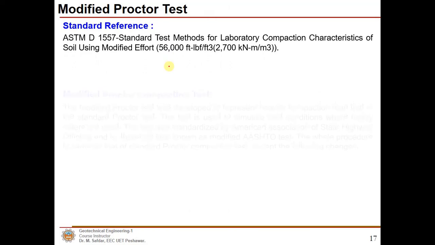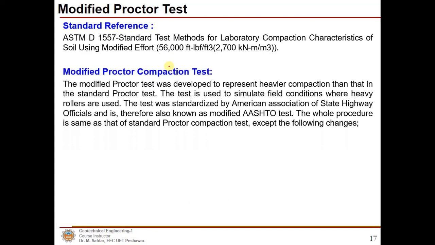Now for the modified Proctor test, a modified compaction effort is needed and applied, approximately 56,000 foot-pound per cubic foot. Now why are we using a modified version of the Proctor compaction test?